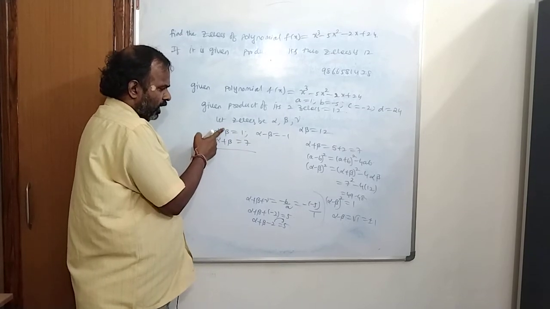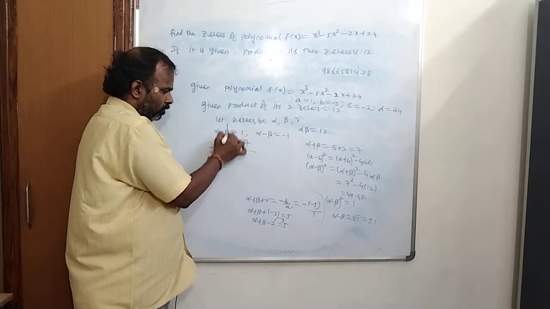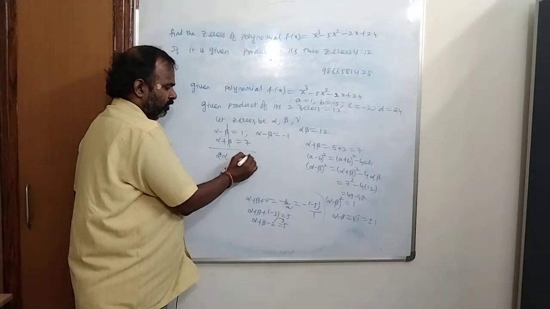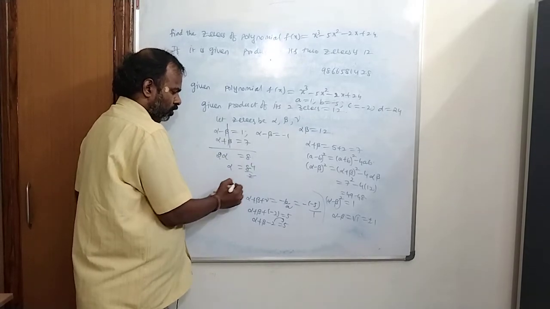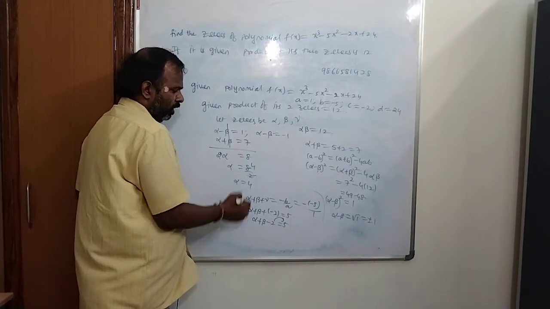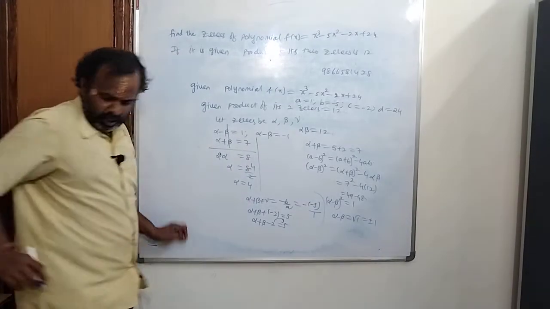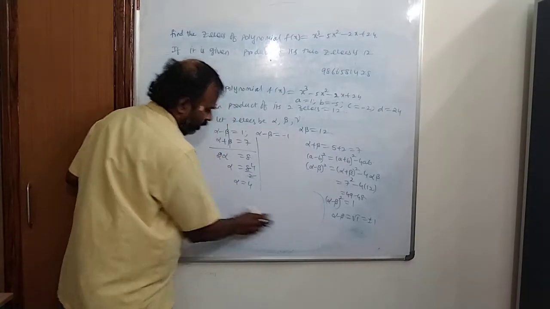Now plus beta and minus beta, here what we are doing is we are adding. So when you add, these two will get cancelled. So 2 alpha is equals to 8. Alpha is equals to 8 by 2. Alpha is equals to 4. Now when alpha is equals to 4, what will be the beta value?